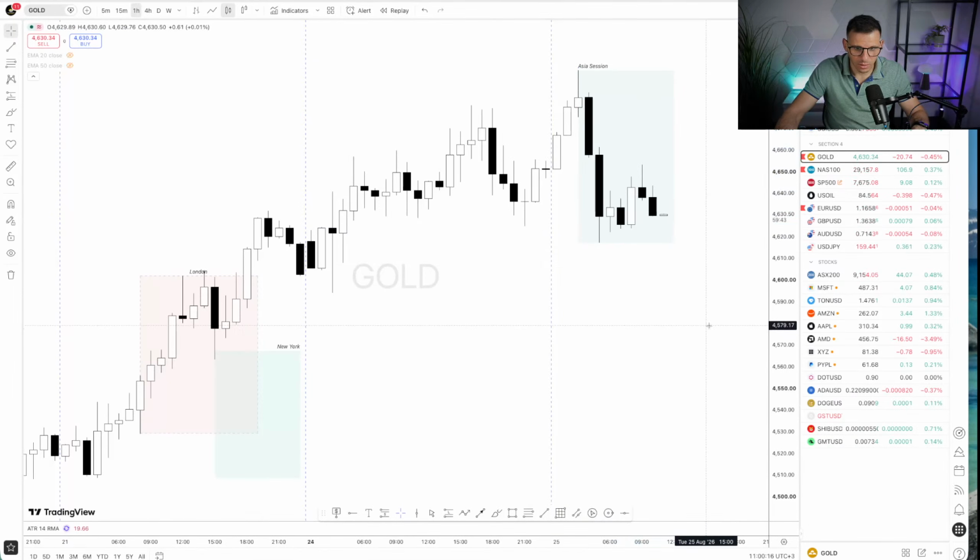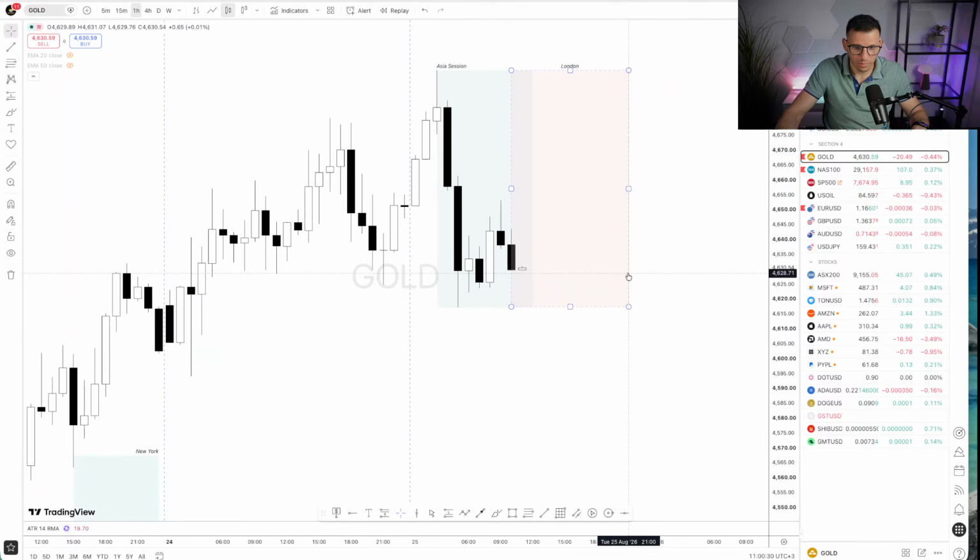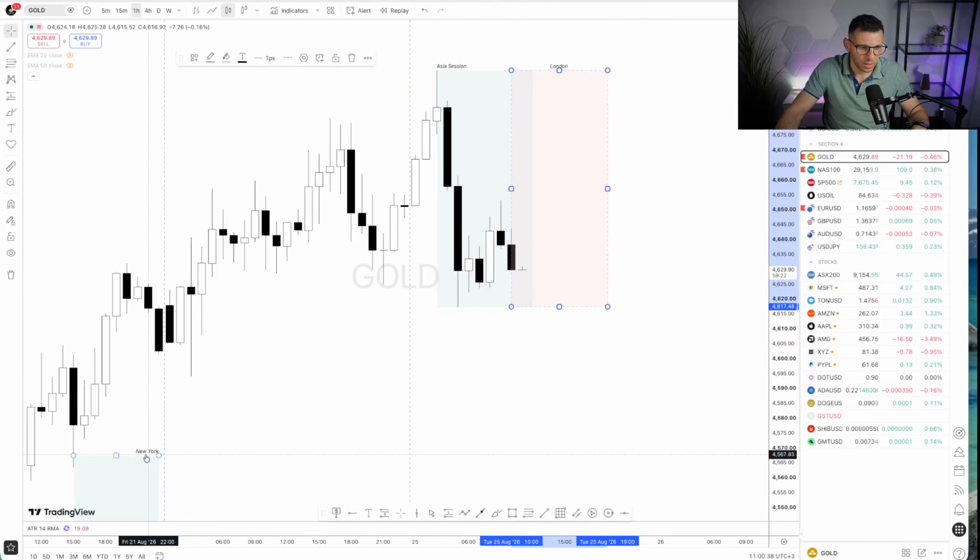And it goes until 12 o'clock. Then we have the London kicked in just an hour ago, and it goes up to here. And of course, New York will start at 3.